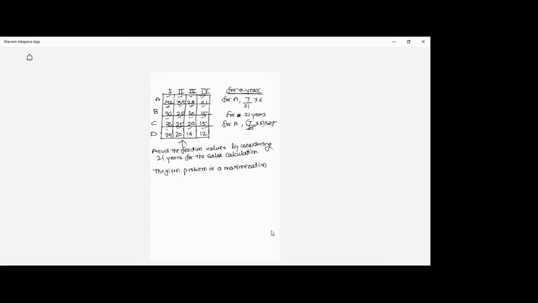But the assignment model deals with minimization problems. So what will I have to do? Convert the maximization problem into a minimization problem.